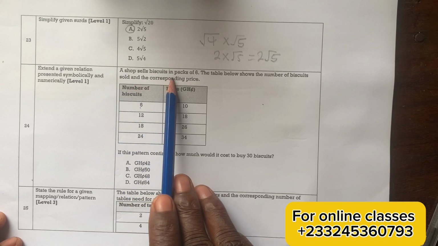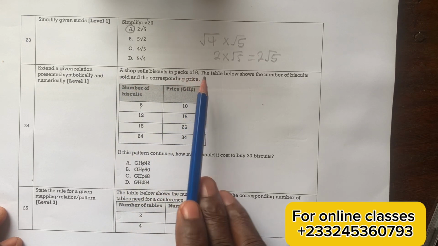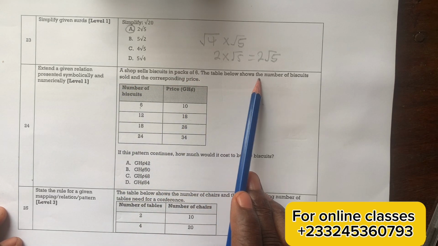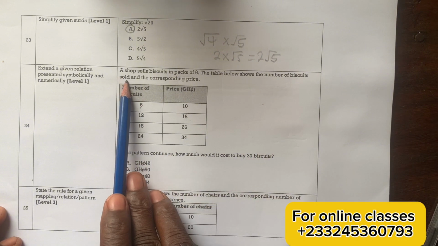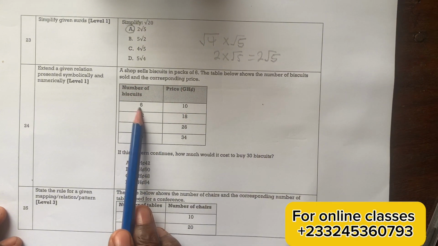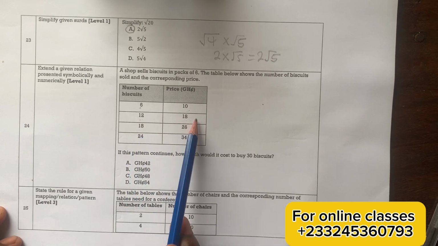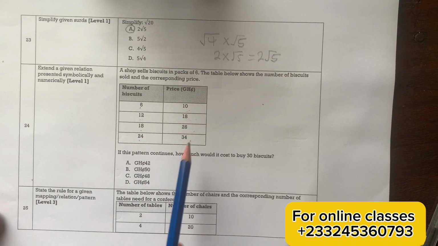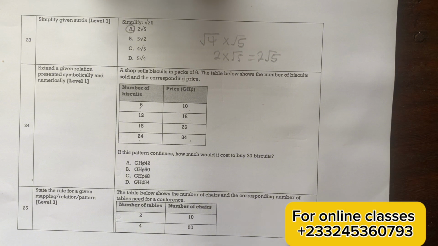A shop sells biscuits in packs of 6. The table below shows the number of biscuits sold and the corresponding price. So 6, 10 Ghana cedis; 12, 18 Ghana cedis; 18, 26 Ghana cedis; 24, 34 Ghana cedis. Now, if this pattern continues, how much would it cost to buy 30 biscuits?